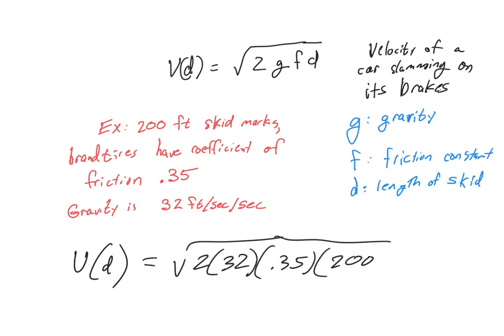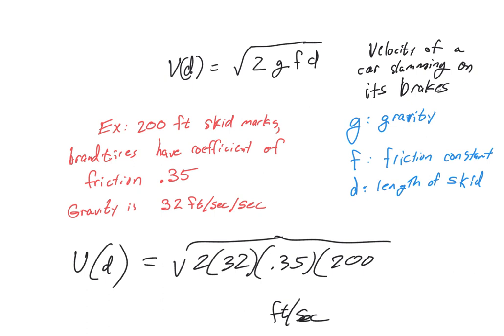And it's just a matter of plugging that into your calculator to find out what your original velocity was, and that would be in feet per second. Many people don't think in feet per second, so you'd have to do some quick conversions to make it into miles per hour. But that would be what would be considered a radical function that we're graphing.